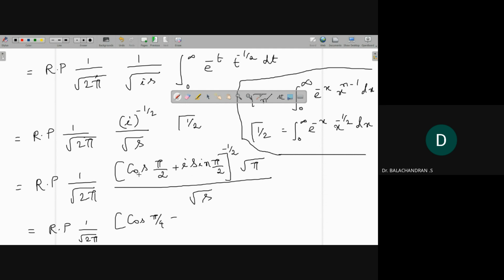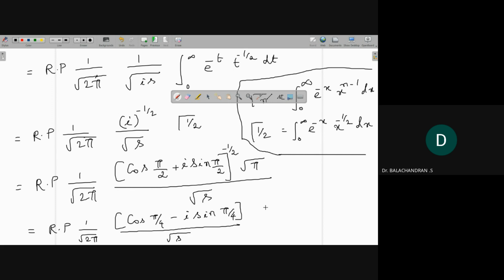So cos of minus pi by 4 is what? Cos of minus pi by 4 is cos pi by 4. And sin of minus pi by 4 is minus sin pi by 4, divided by root s.